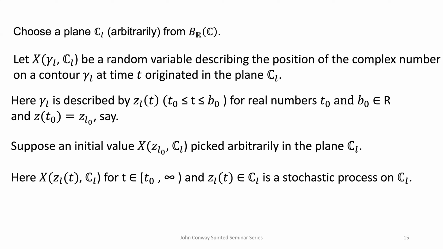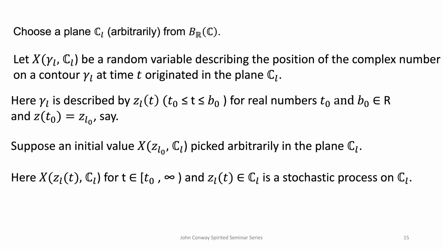So that contour X of ZL T CL, for T0 to infinity with various values picked randomly, I will explain that. And ZL belonging to CL is a stochastic process, because of the different collections of random variables. These random variables are all now complex numbers. The collection forms a stochastic process, because there is a two-step randomness that I'm going to introduce.